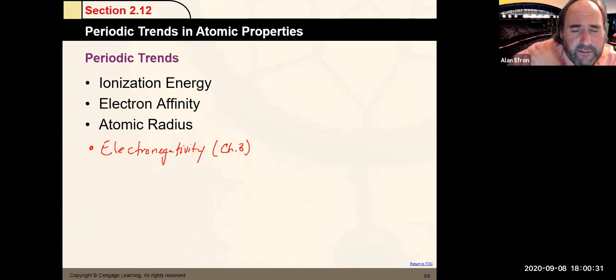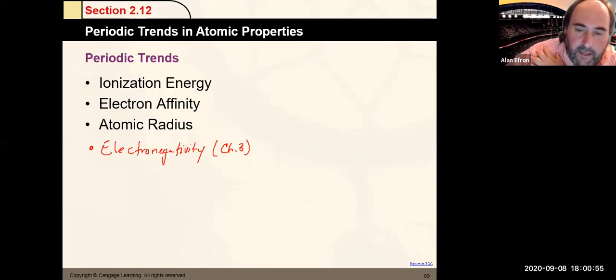For now, you just need to know what it is and the trend for the first exam. Then in chapter 3, when we officially get there, we'll talk about it in terms of bonding and stuff like that for exam 2. So exam 1 is chapter 1, 2, and 3 point something, and the electronegativity part is the 3 point something that you need to know.